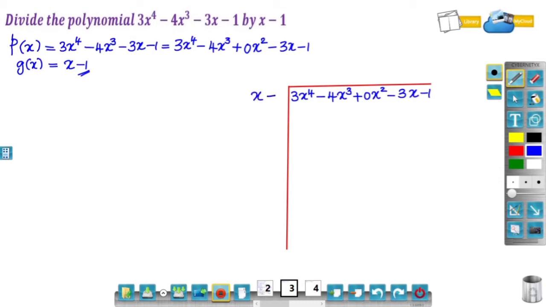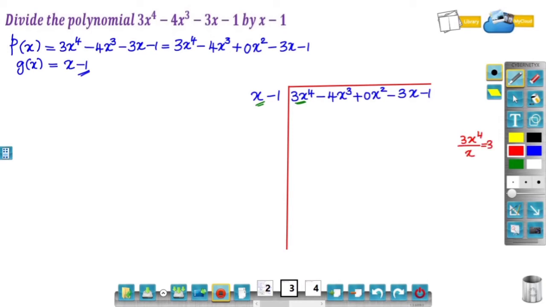Then divisor x minus 1. Now remember the first step. First step is divide the first term by the first term. That is 3x to the power 4 by x. Do the rough work on the right side.